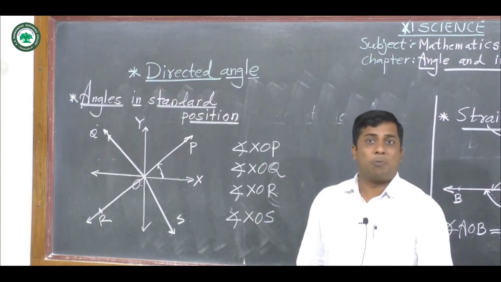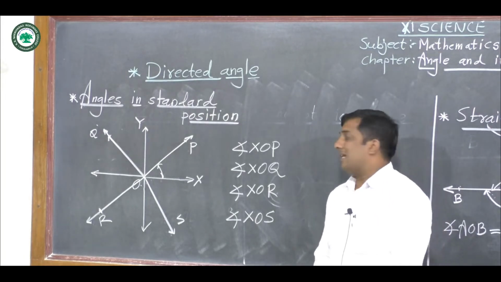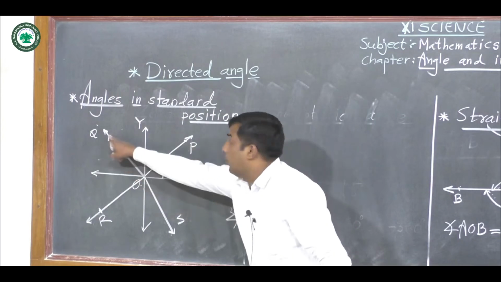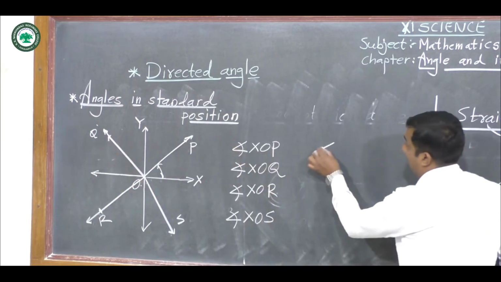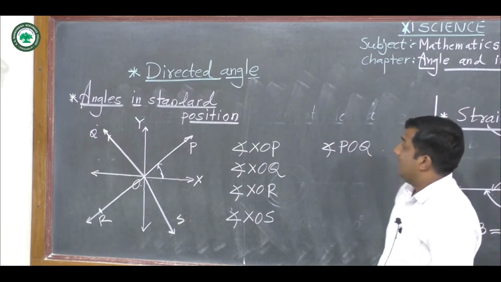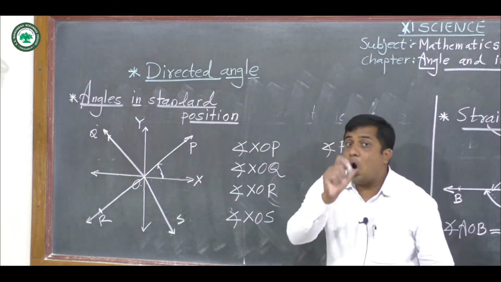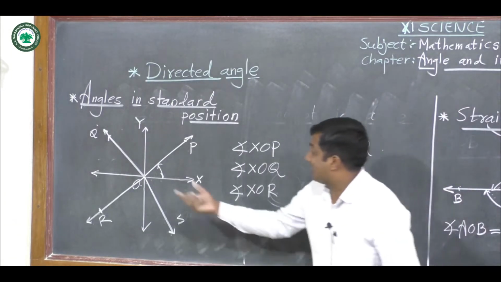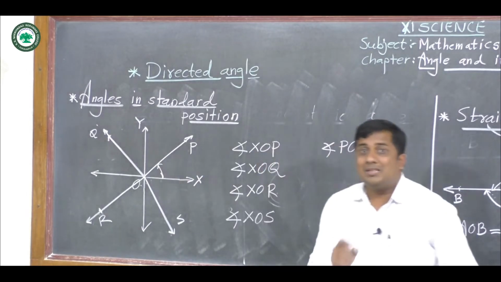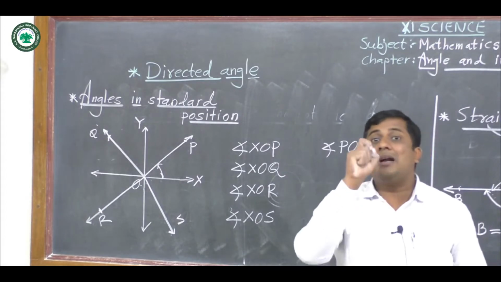So, remember this point. Now, we consider another angle. Let us consider angle POQ. In angle POQ, the initial ray is not along the x-axis, so this is not a standard angle.